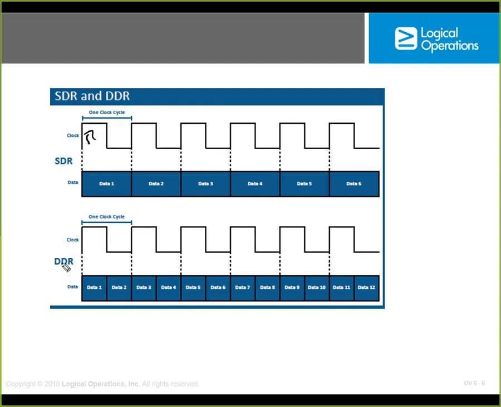The way we get the double data rate RAM is, in one clock cycle, it does its thing on the rising as well as the following edge, so that we get 2 bits of data out of it, where in the SDR, the single, we only get 1 action or one data transfer.